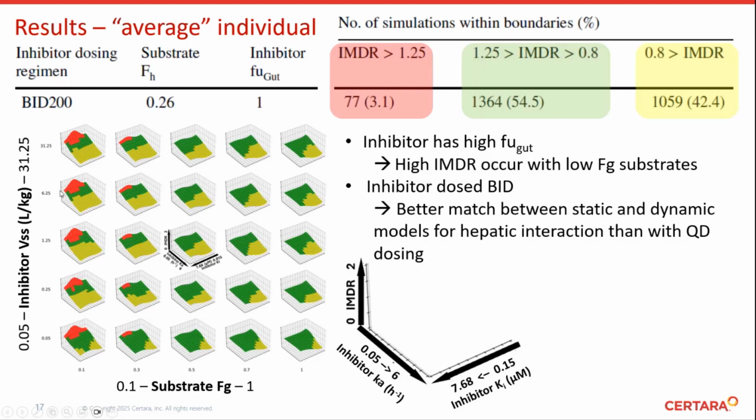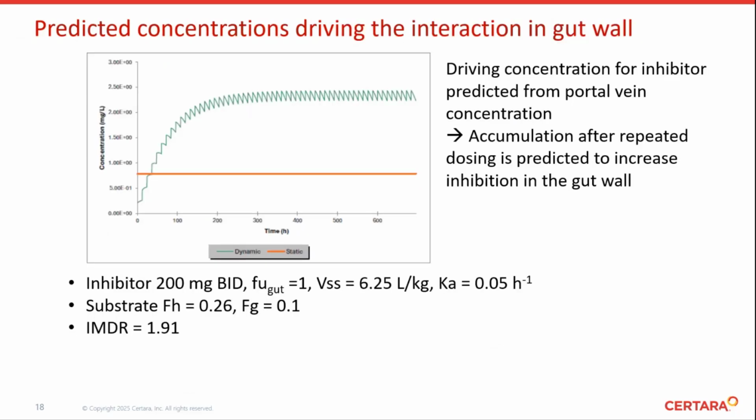And what is contributing to why we are predicting more interaction with the dynamic model than with the static model, especially in the gut wall, can be demonstrated with the predicted concentrations driving the interaction in the gut wall.